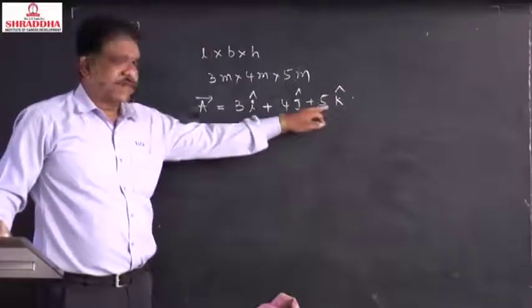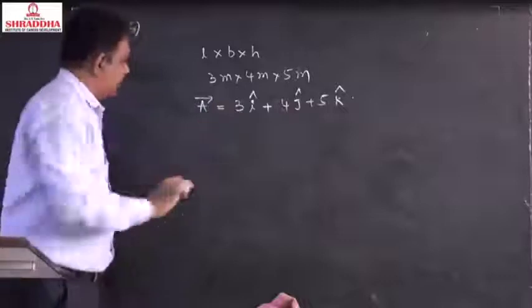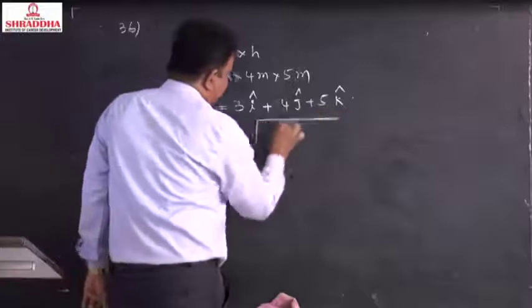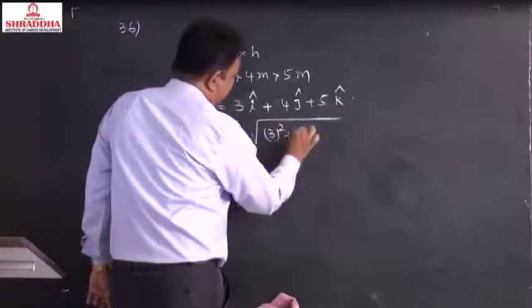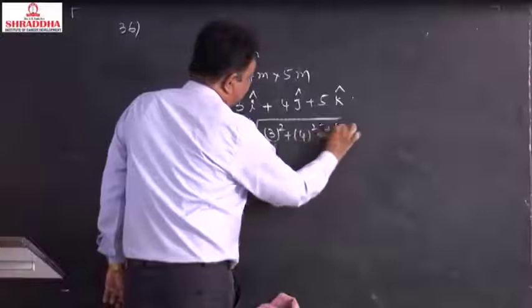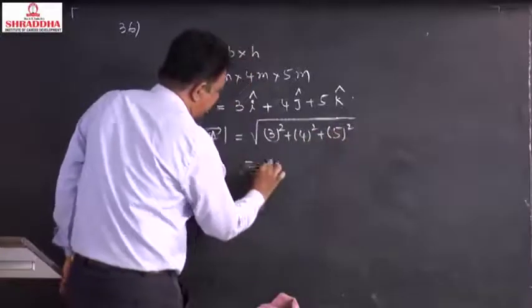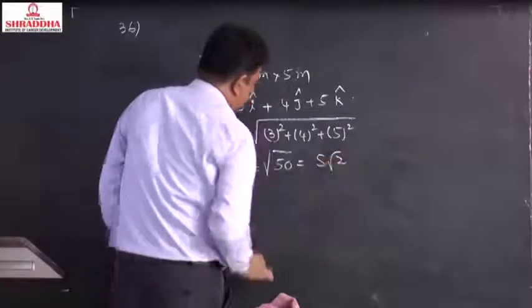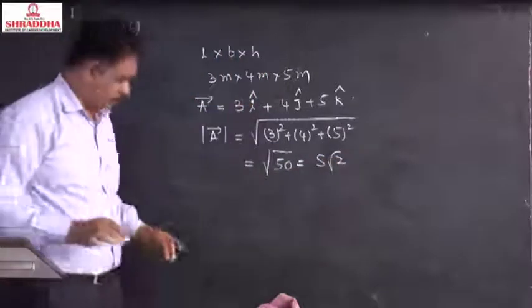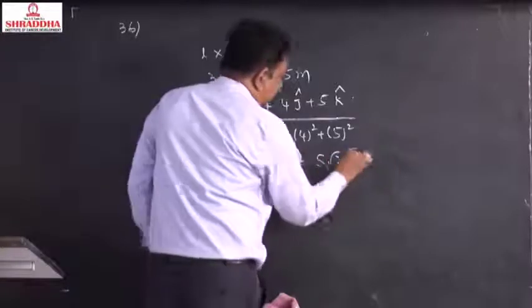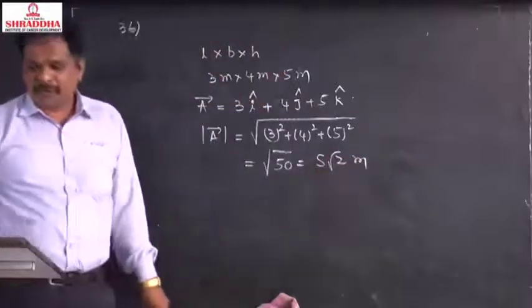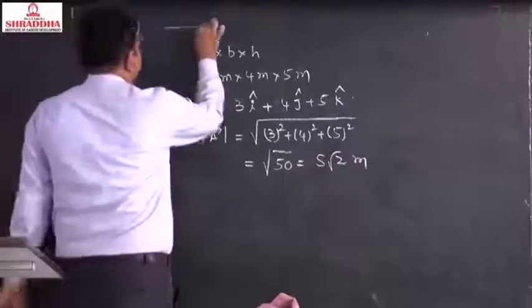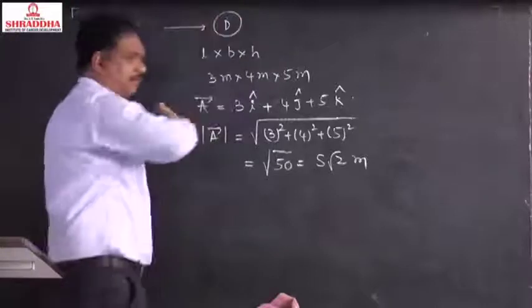Then modulus of A bar is equal to square root of 3 square plus 4 square plus 5 square. This value will be 50, so this is 5 root 2 meter. So the magnitude is 5 root 2 meter. 36, it will be option D.